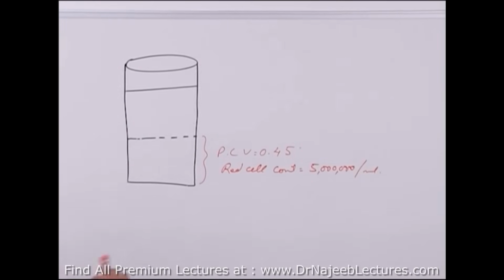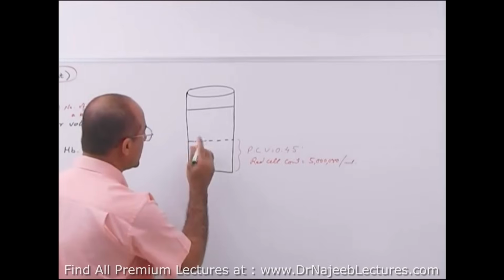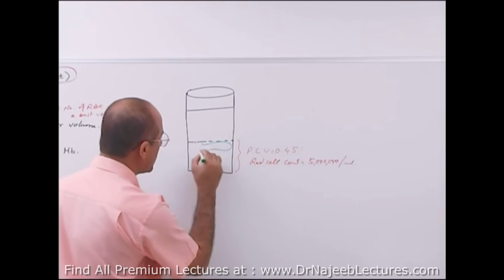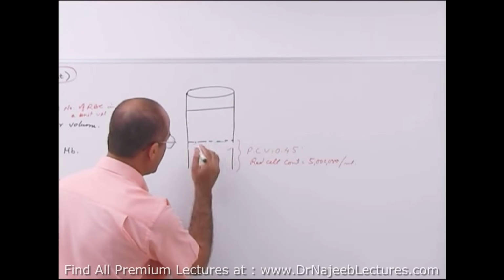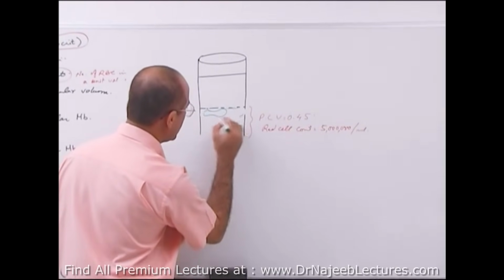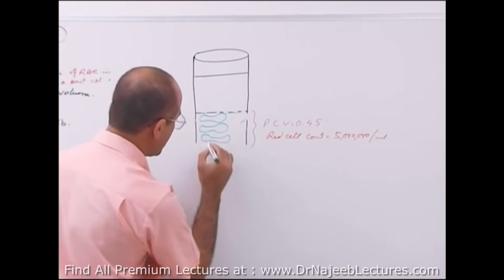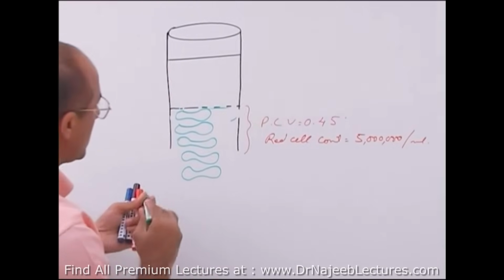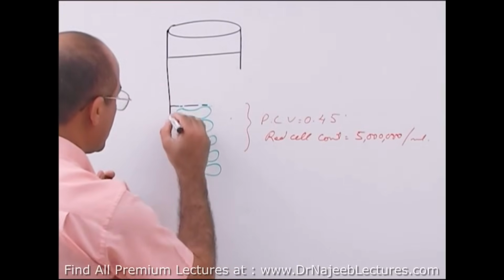Now, I will draw the RBCs here, just 5 red blood cells. Okay, so it's a very simple diagram, right?